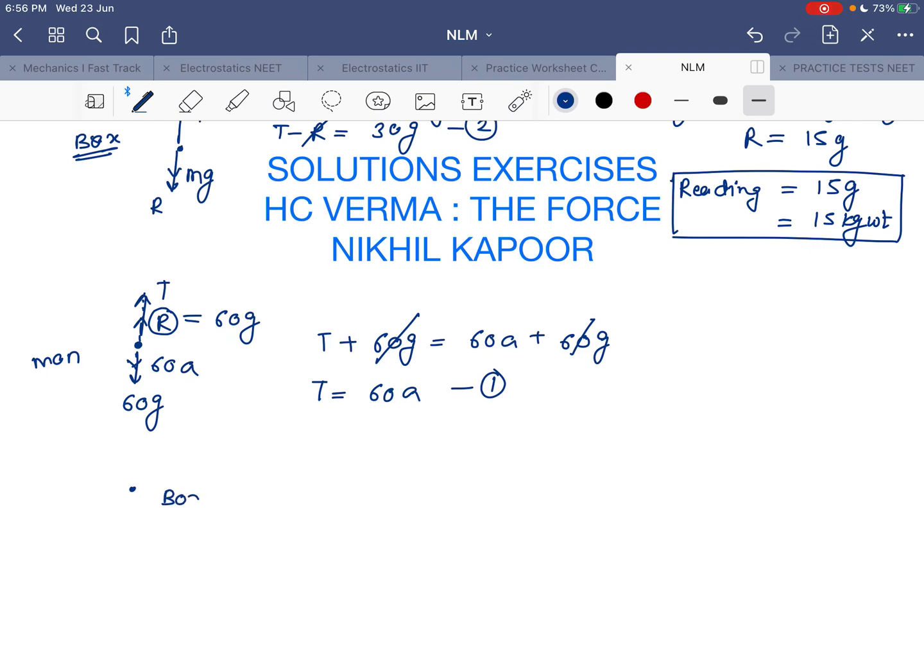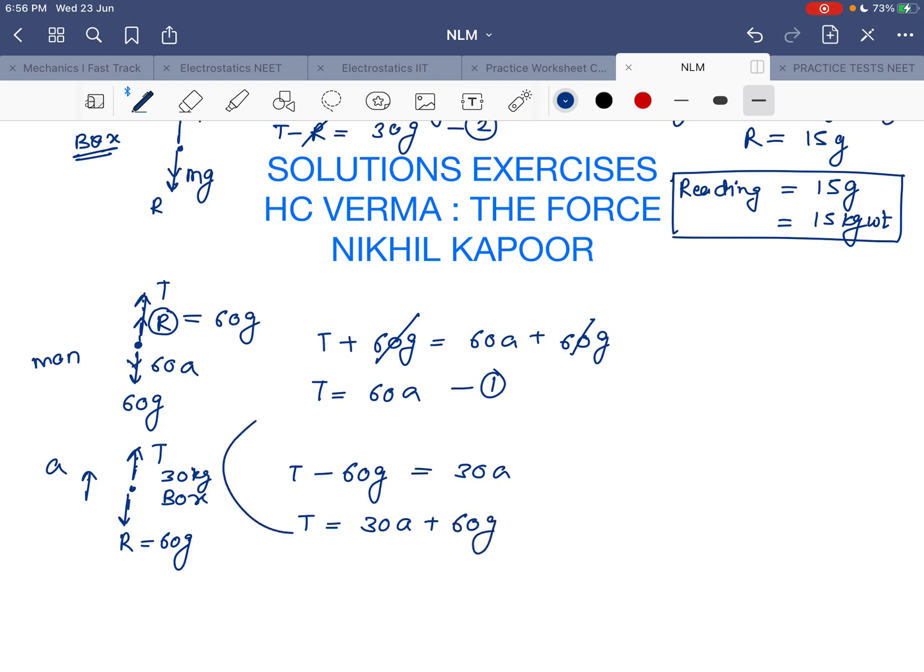Now if you draw the FBD of the box which is accelerating upward, on the box the reaction is acting, which is 60g in the downward direction, and tension is acting in the upward direction, and it is going with some acceleration A. So the equation for the box comes out to be T minus 60g is equal to the mass of the box, which is 30 kilograms, so 30 into A. So we get the value of tension as 30A plus 60 into g, and put this value of T in the first equation.